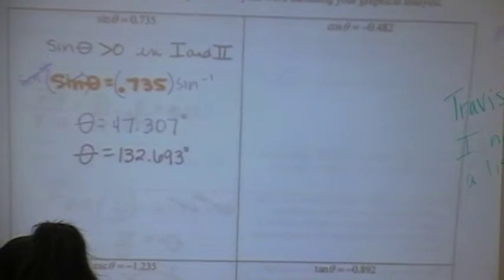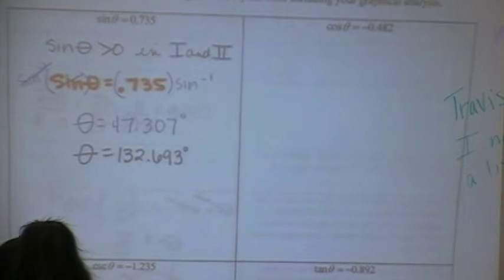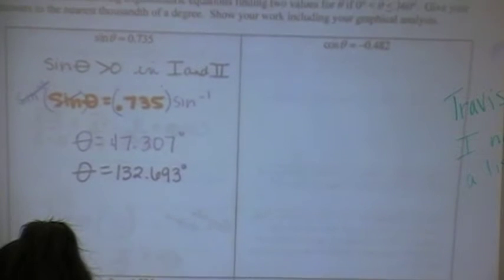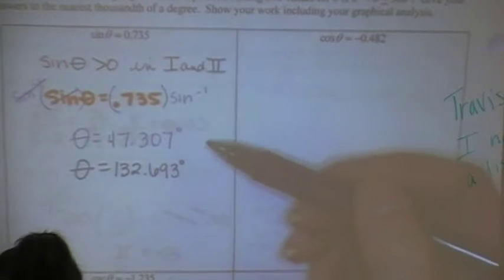Now, after you've done that, remember, you could add 360. You could add 360 again. So you have to check and make sure you're still inside the interval that they gave you, which was between 0 and 360, and both of these are. You also probably want to check and make sure you're in quadrants 1 and 2, which you are.